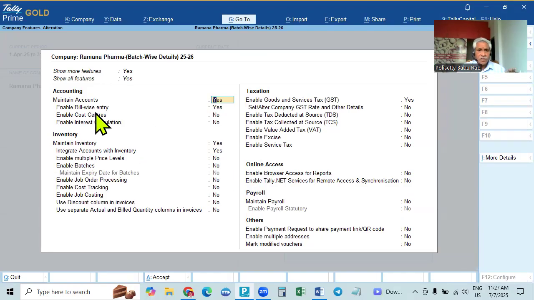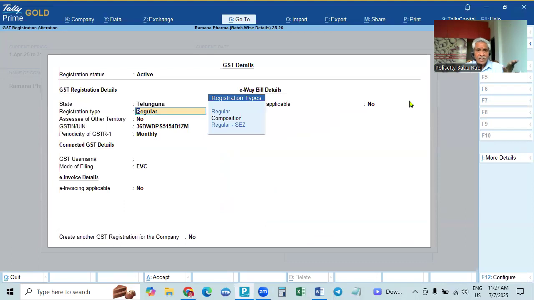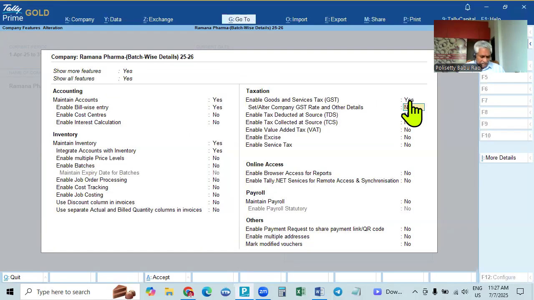So maintain accounts, enable bill-wise entries, enable goods or services, and we are dealing with inventory. So maintain inventory and integrate accounts with inventory. And for goods or services, we will have GST. So enable the goods and services tax, give the details, GST number, and all the details you do. Okay, and then accept.